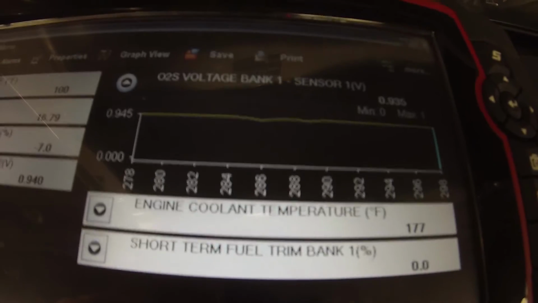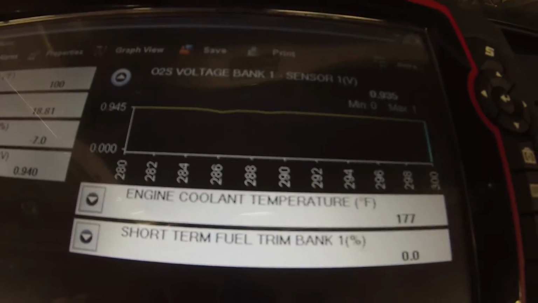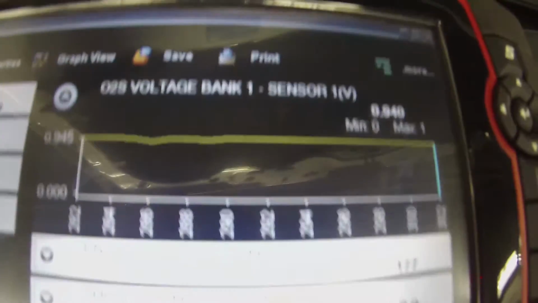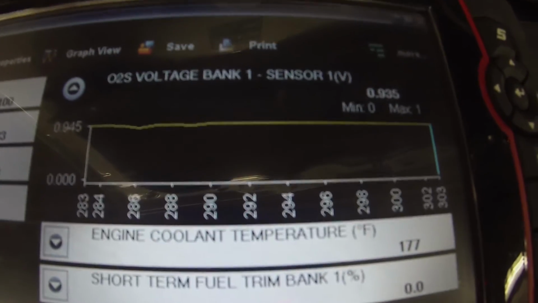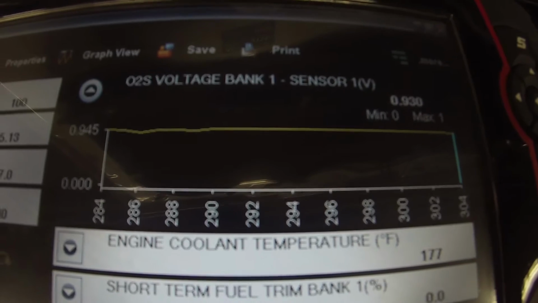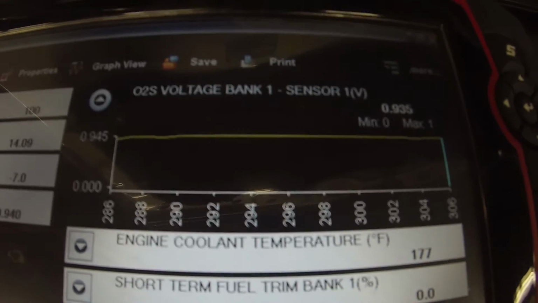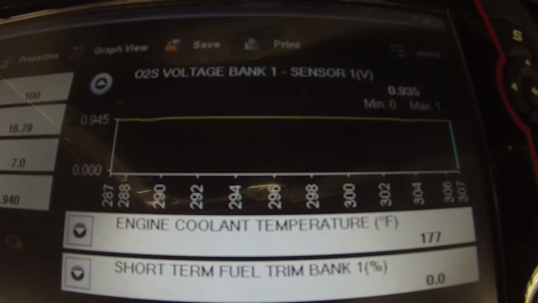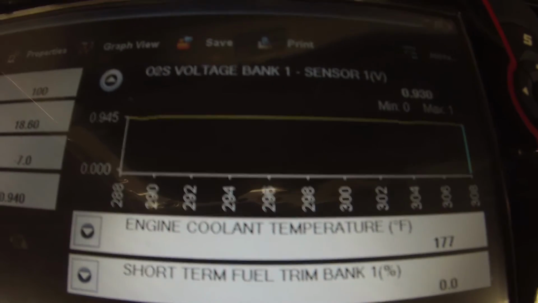You see my O2 is fixed rich right now. I'm going to pull this vacuum line just to pull that off right there. My O2 should go lean. And now it's not.